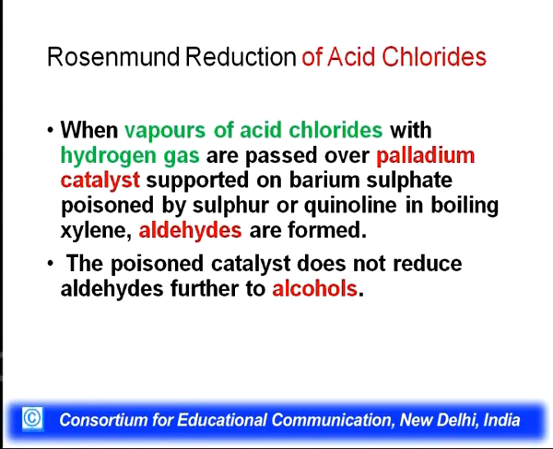Now we want to get an aldehyde. So what do we do? We poison palladium with barium sulfate. Barium sulfate has less surface area, as a result of which the reduction will stop at the aldehydic stage and the aldehydes will not be able to reduce further to alcohols.